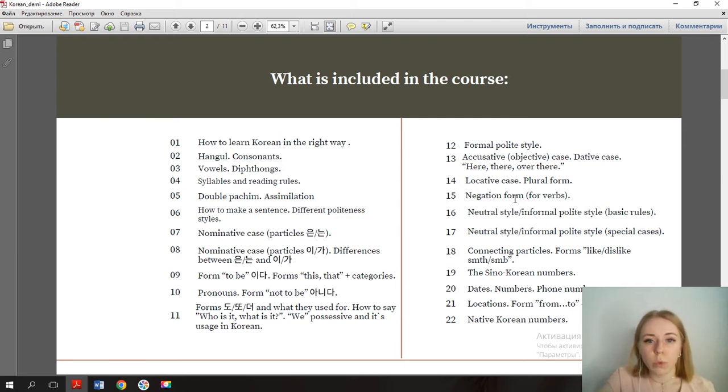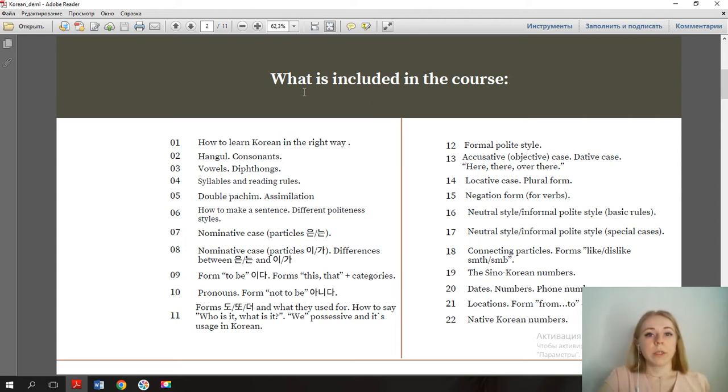What will also be included in this course: we will build a house with bricks, and these bricks are our lessons. So, first of all, we will study Hangul. It's the Korean alphabet. It includes consonants, vowels, and diphthongs. What are the diphthongs? I will tell you at our third lesson.